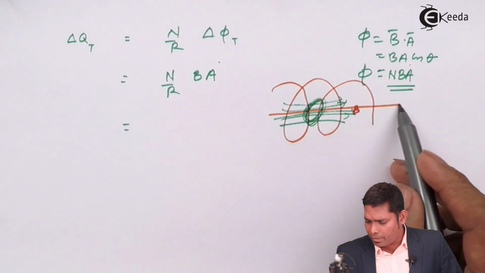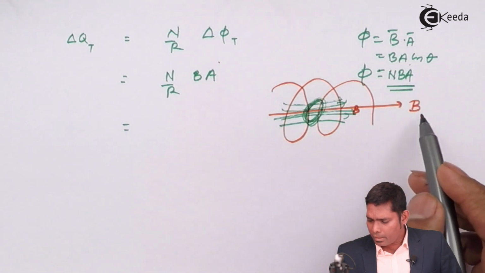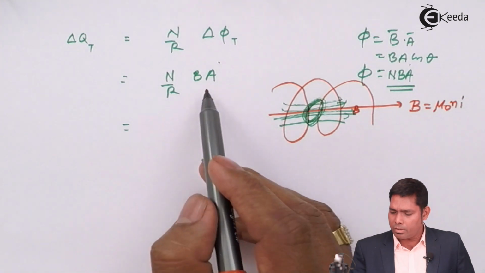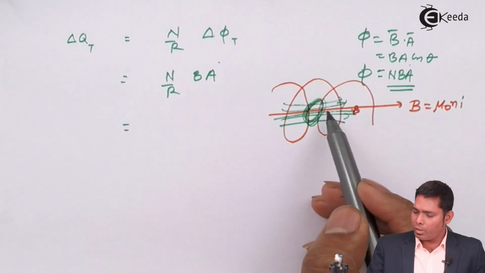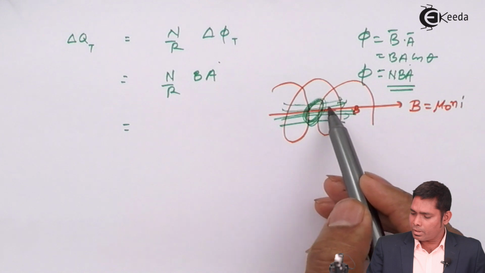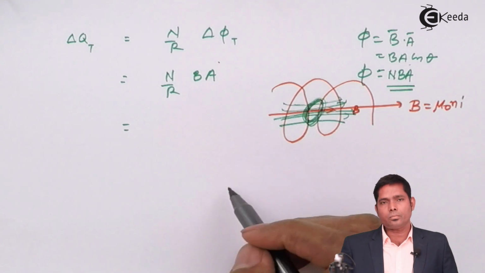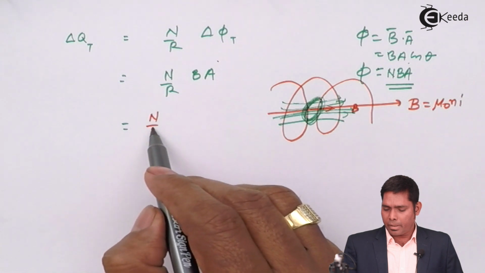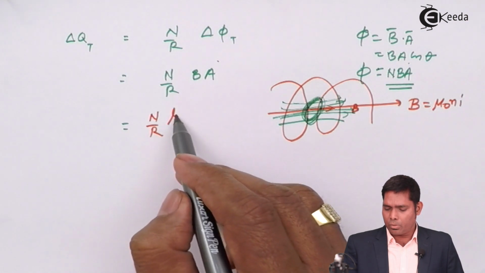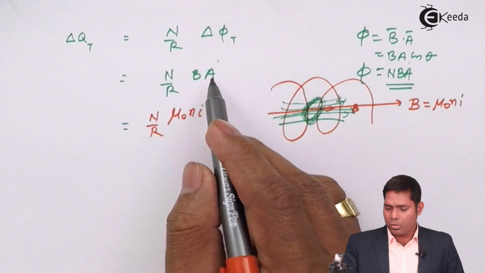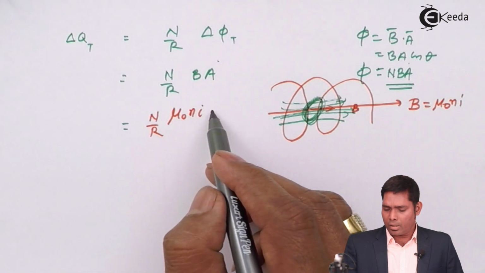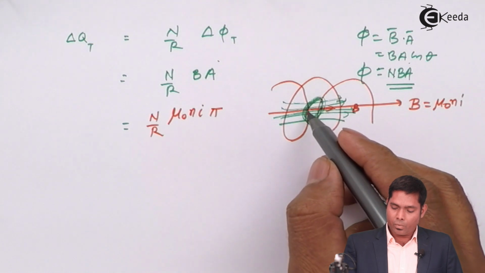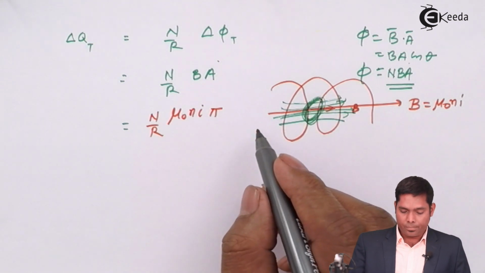This is the magnetic field produced by a solenoid, mu naught N i, which is also present inside the coil. So this is N over R, and B is mu naught N i, into A. A is the area, which is pi R square, where R is the radius of that coil.